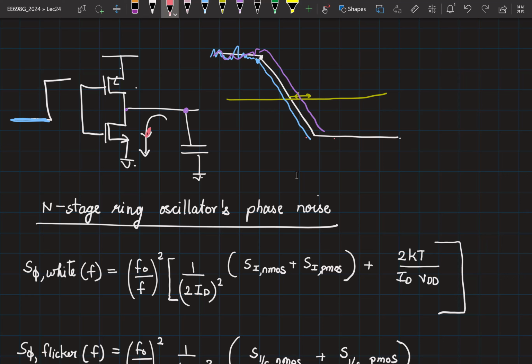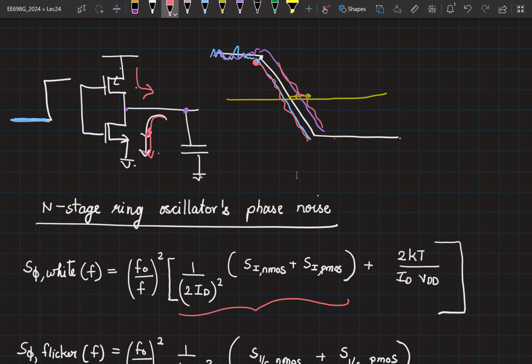This is okay. So the NMOS current is going to determine the fluctuations happening during the falling. The PMOS noise is going to determine what is the starting point. This is the first term, the SIN of that. The first part is the current determining the shift in the edges.